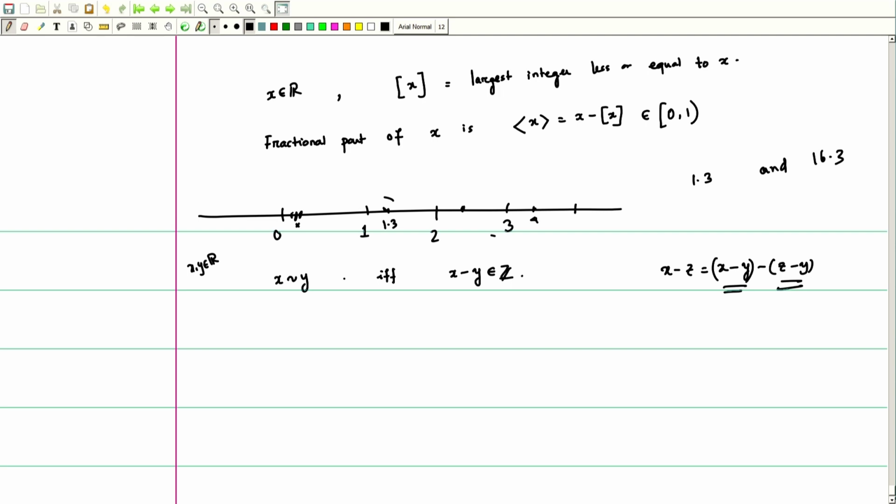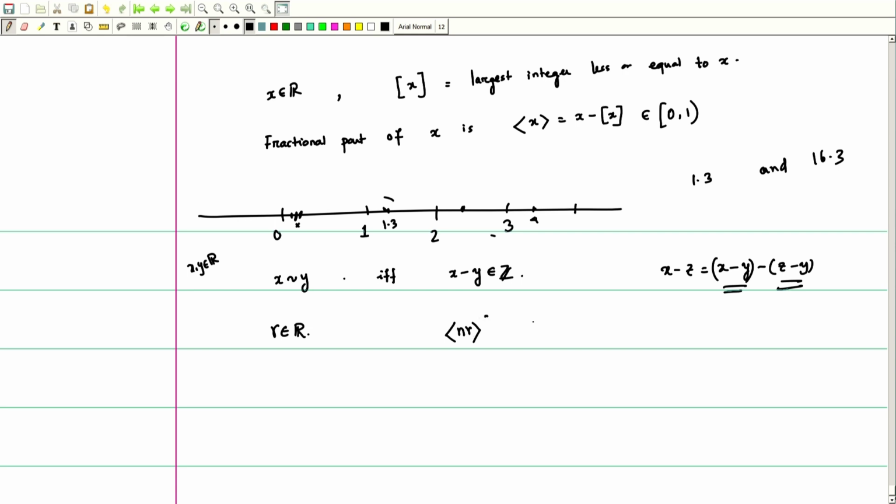Okay. So, now I take a number, suppose gamma, this is in R. Now, I consider the sequence of fractional part of n gamma.